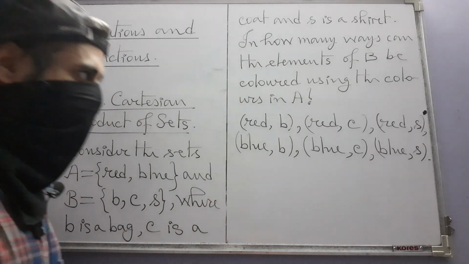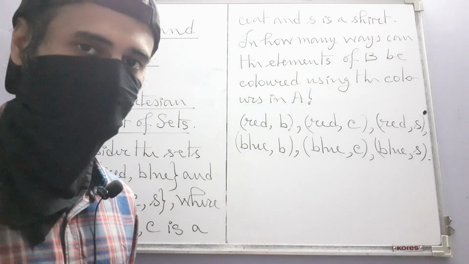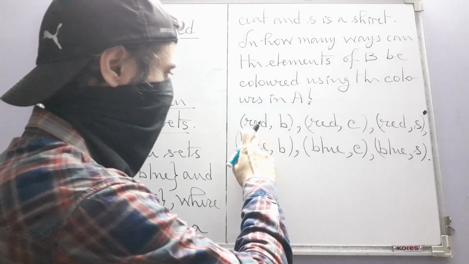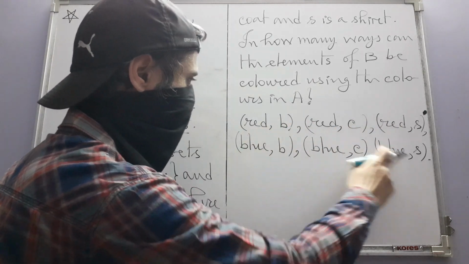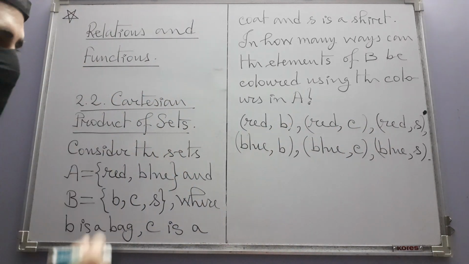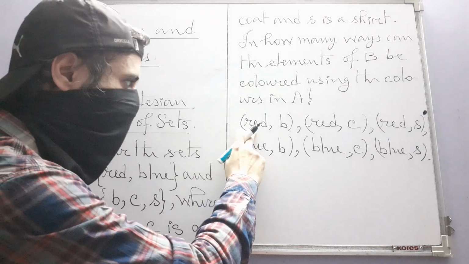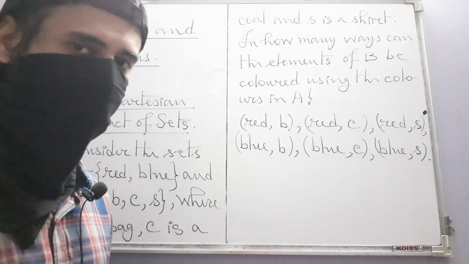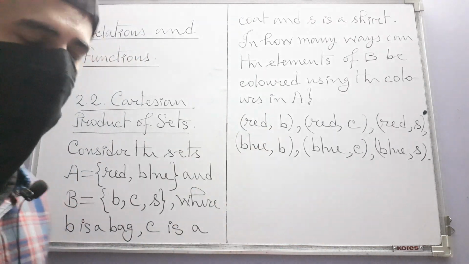So here we are looking at pairs, 6 pairs, 1, 2, 3, 4, 5, 6. And the pairs indicate the color and the object that is going to have that color, or maybe has that color already.